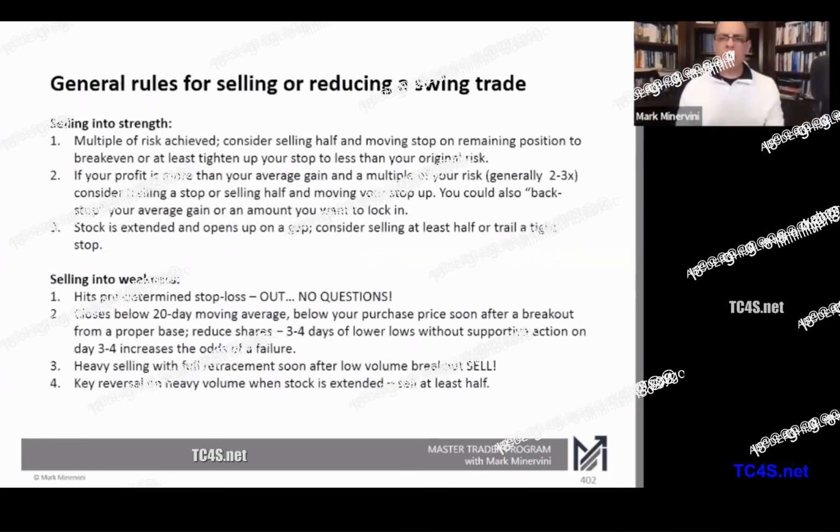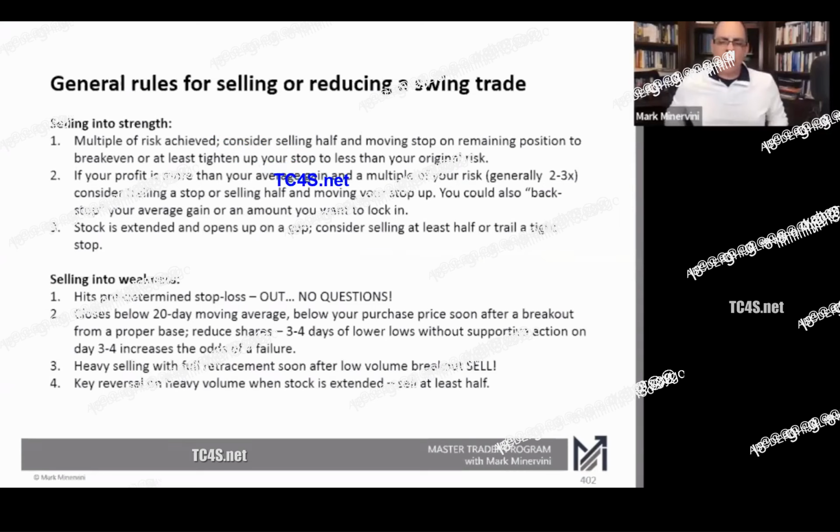These are a few general rules for selling, particularly for swing trading, what I do mostly. Once you get a multiple of your risk, and Mark, you might want to talk about some of your general rules of thumb.